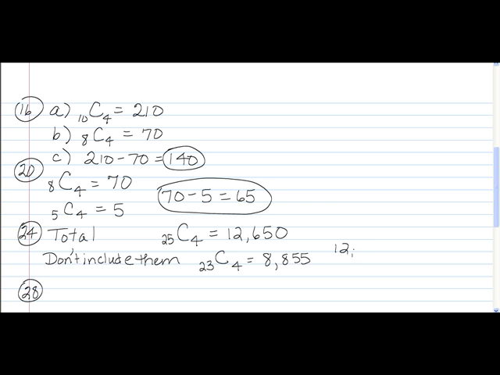And so now I want to subtract the 2. 12,650 minus our 8,855 gives us 3,795 committees that would contain at least one of the 2 professors.